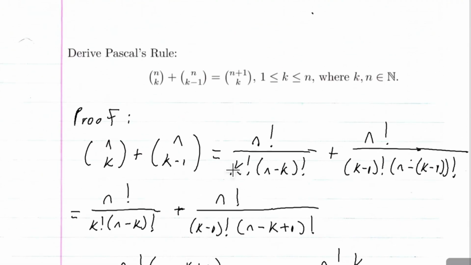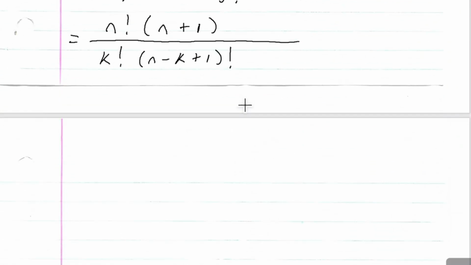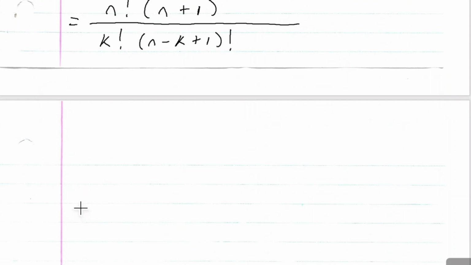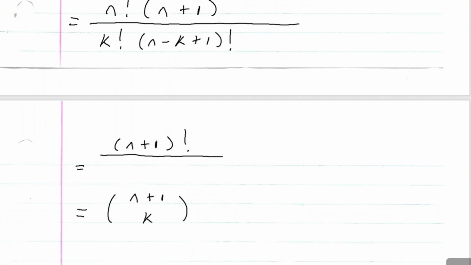So remember, I wanted to find n plus 1 choose k. So let me go ahead and write that down here. N plus 1 choose k. And let me start going backwards a little bit. So this is the same thing as n plus 1 factorial over k factorial times n plus 1 minus k factorial.